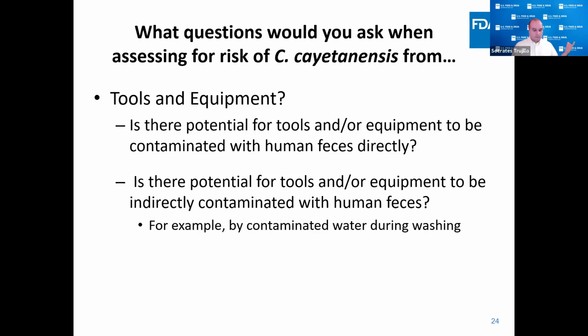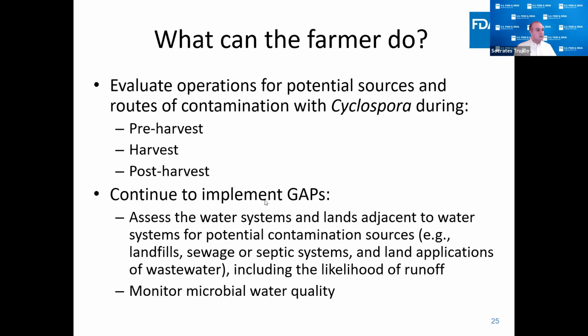So remember, we can have soil hands touching the tools and the equipment, and then leaving that equipment without being properly cleaned, and then sporulation may occur, and then transferring that contamination from the tools and equipment to the fruits and vegetables that are going to be consumed, and then the cycle continues.